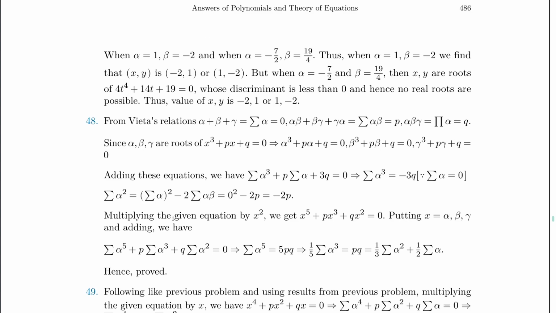So multiplying the given equation by x square, we get x to the power 5 plus px cube plus qx square. And putting x is equal to alpha, beta, gamma, we have sigma alpha to the power 5 plus p sigma alpha cube plus q sigma alpha square. That means sigma alpha to the power 5 is equal to 5pq, so 1 by 5 sigma alpha to the power 5 is equal to pq, and therefore that is equal to 1 by 3 sigma alpha cube into half sigma alpha square.